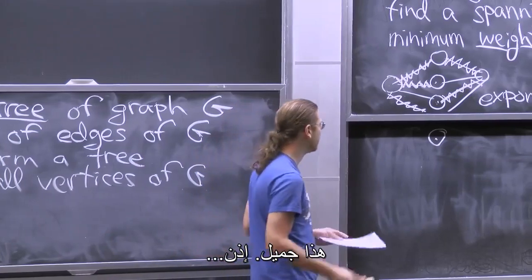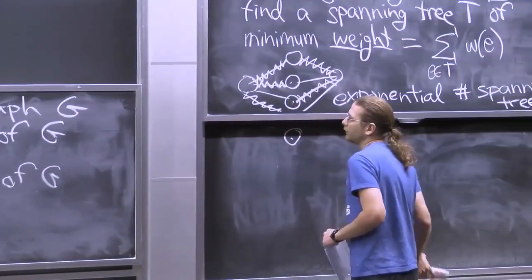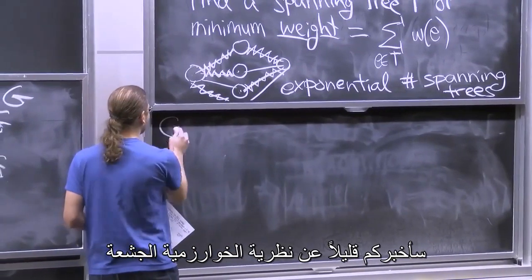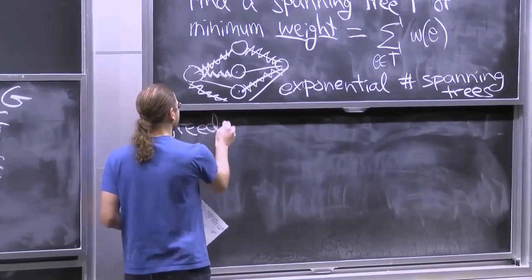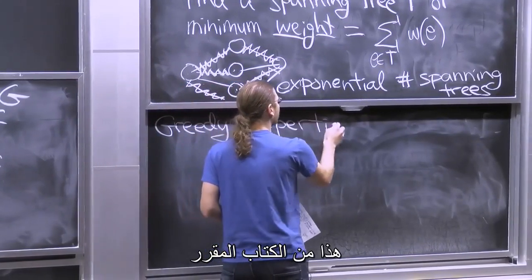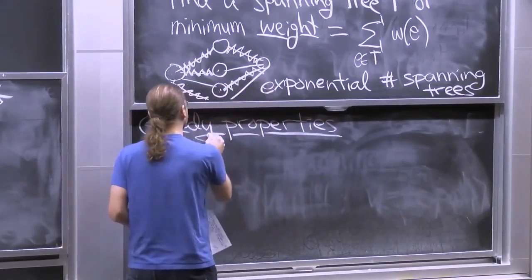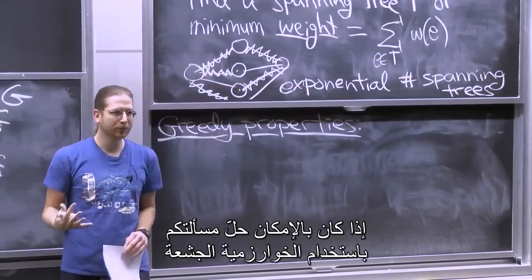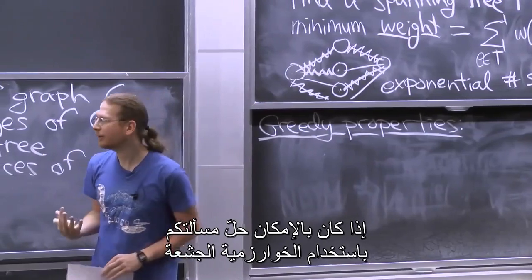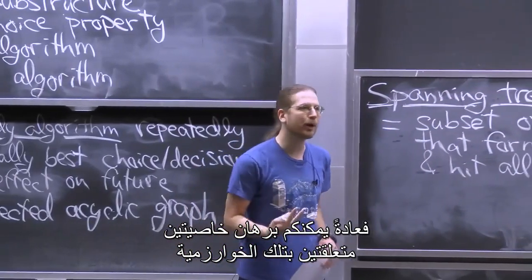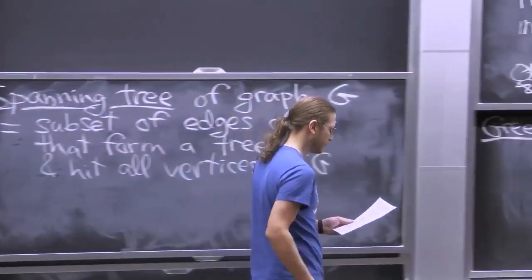Cool. So let me tell you a little bit about greedy algorithm theory, so to speak. This is from the textbook. If your problem can be solved by a greedy algorithm, usually you can prove 2 properties about that algorithm.